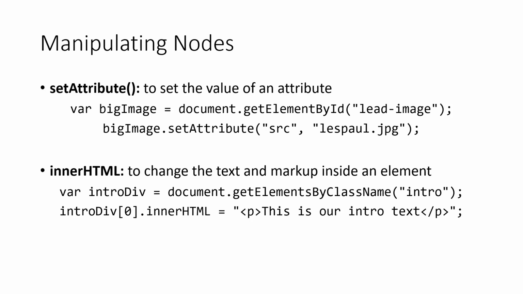Now that we have learned about accessing nodes, we should also learn how to manipulate them. That means now you can access any element in HTML and then you can change it. Here are the methods.